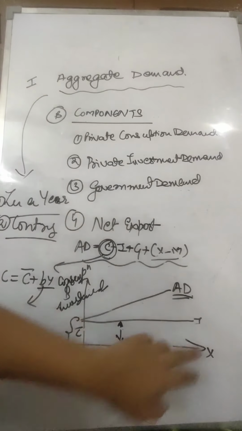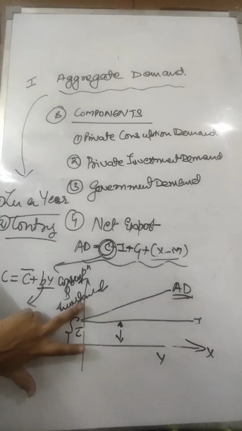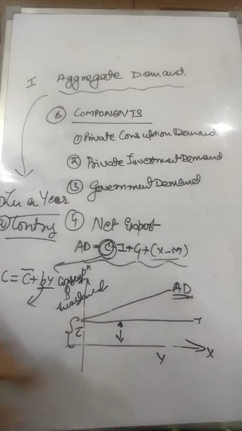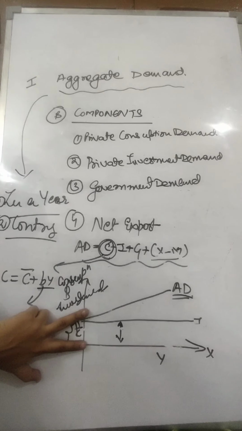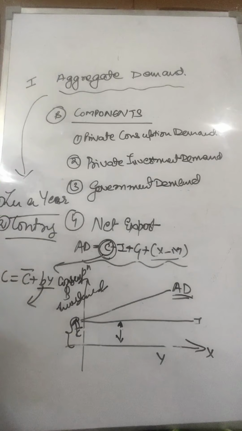That is a line parallel to your x-axis. Aggregate demand is the uplifted curve. This part will be your autonomous consumption, and then you will draw the AD curve. Okay, so all this is composed in aggregate demand in its components.